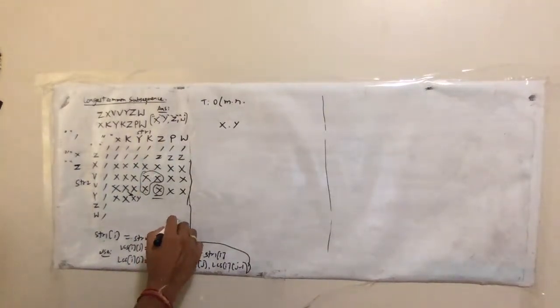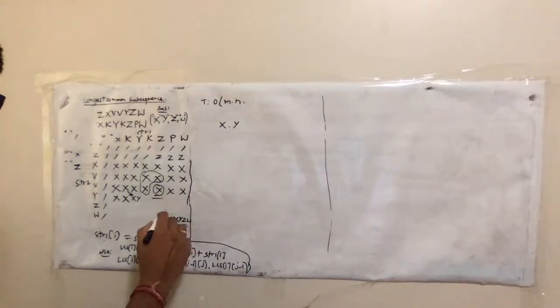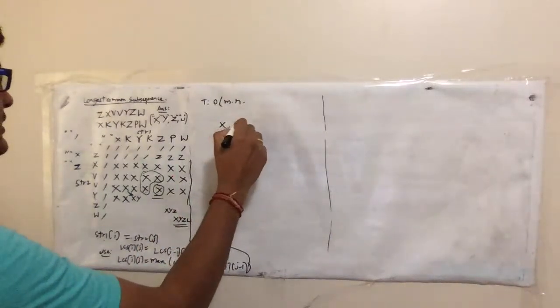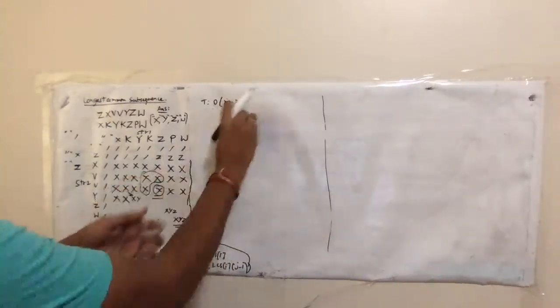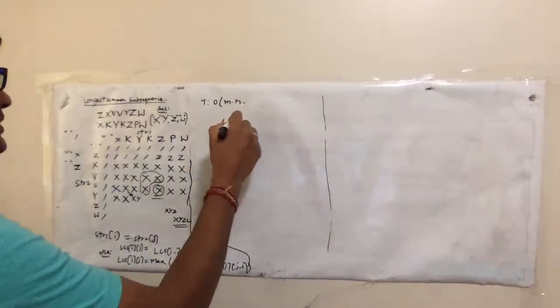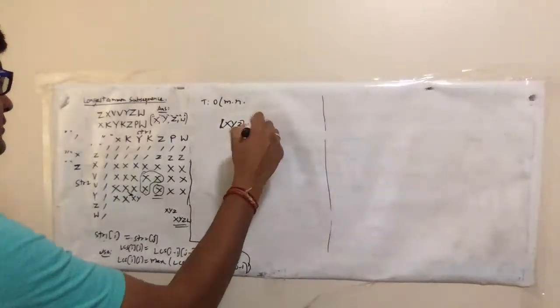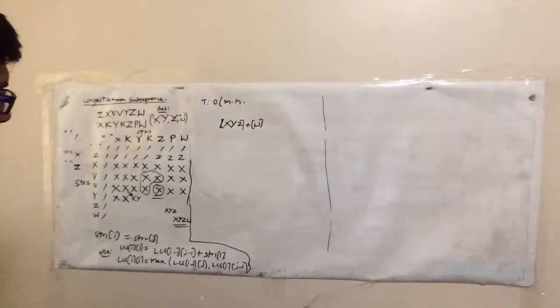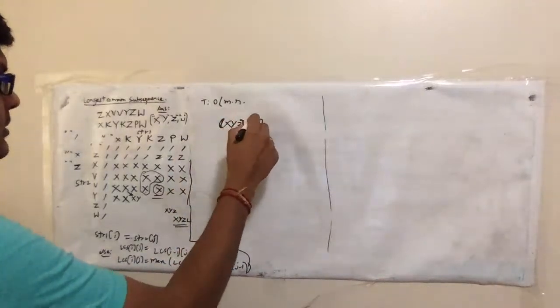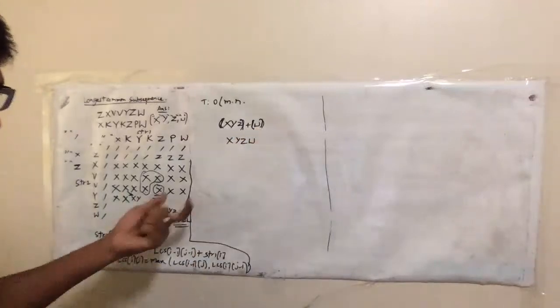At the last moment, xyzw will appear here, which would be appended to xyz. So xyz appended to w, so xyzw, it will become xyzw.